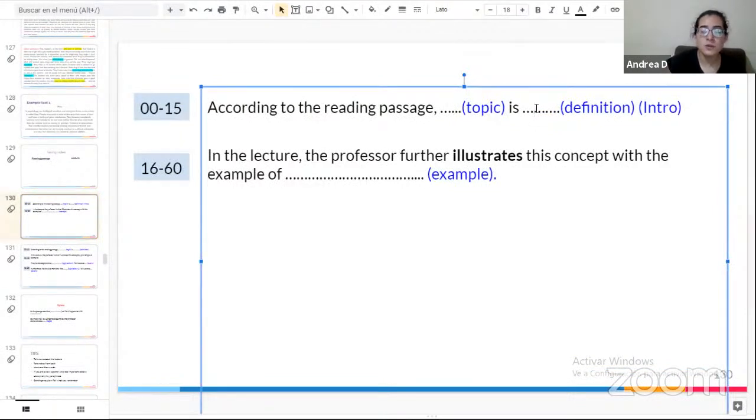And then you move on to the lecture. So you could say, in the lecture, the professor further illustrates this concept with the example of kids and how they behave in school. So first, some kids will misbehave and they will get punished for it. Now, on the other hand, when they behave well, they get rewarded with a happy face sticker or by the teacher telling them she's proud.